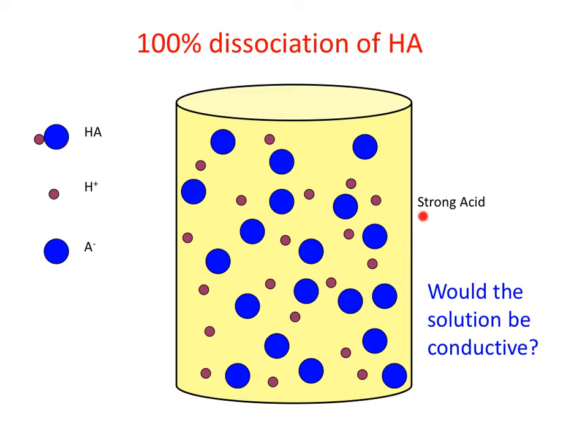So strong acids, of which there are 5 that you need to know, I believe, they dissociate 100%. So if you notice, in this beaker, there are no HA molecules. There are only H+ and A-.